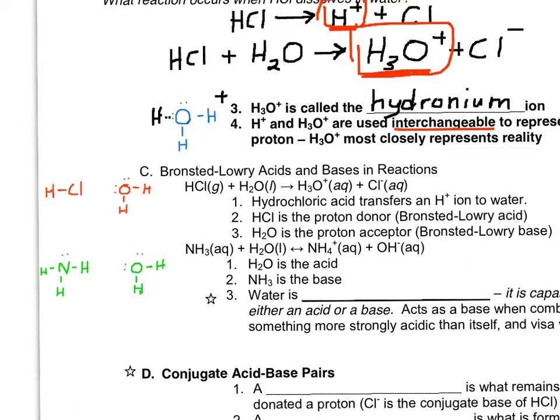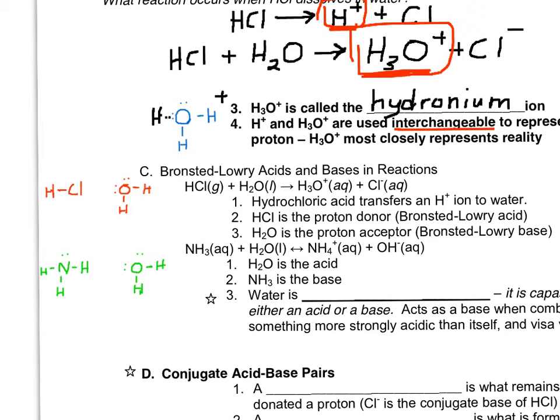Okay, let's finish this up by looking at both types of reaction, acid reactions and base reactions in water. If I have an acid reaction in water, like this one right here, the acid is always going to donate a hydrogen ion to the water. Right?